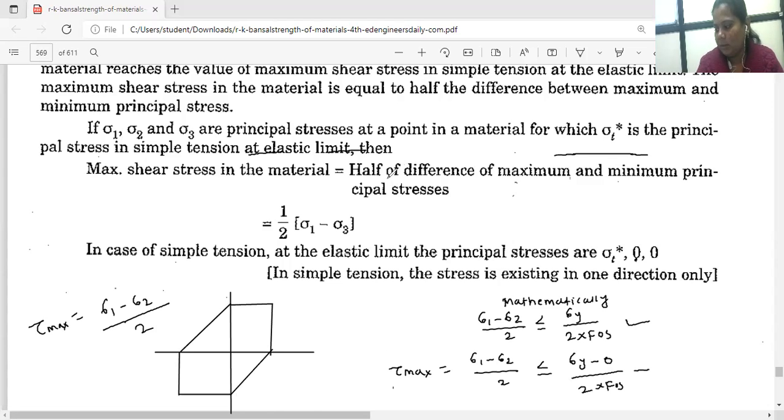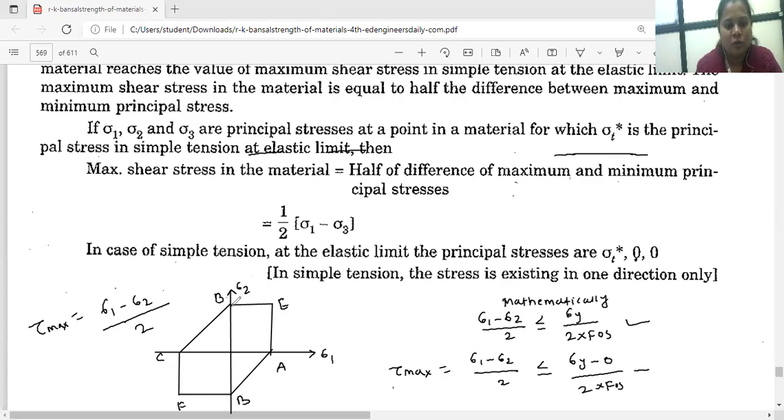Suppose this is point A, this is B, C, D, F. So here on the y-axis sigma 2, on the x-axis sigma 1.